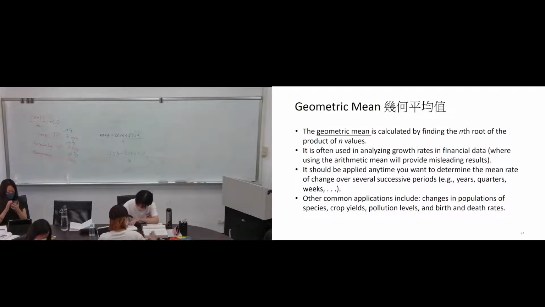So it should be applied anytime you want to determine the mean rate of change over several successive periods. Are you okay? I still worry about. So the geometric mean is for us to determine the mean rate of change over several successive periods.